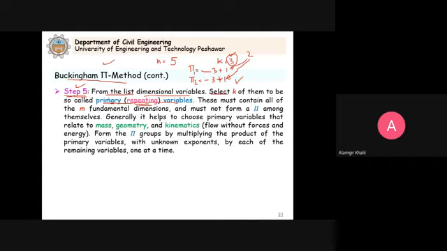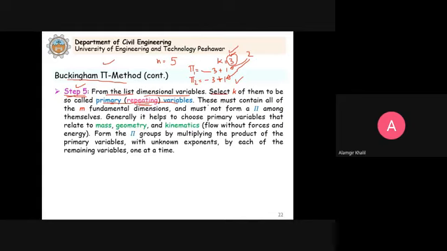There are some guidelines which we need to follow as far as possible. Then we can finish this step successfully. What are the guidelines? Some are given from your textbook, and some other guidelines I will also share, taken from another book, that will help us identify how we select the repeating variables.